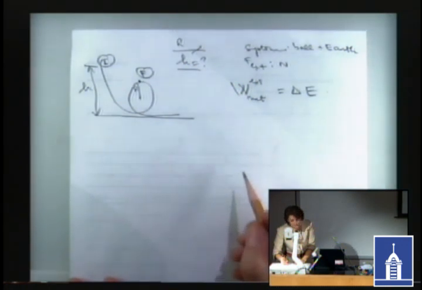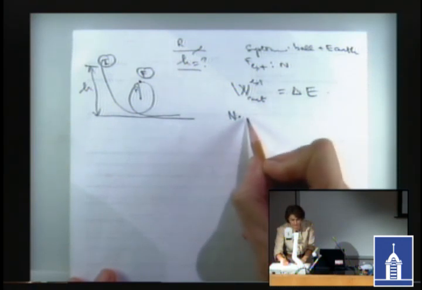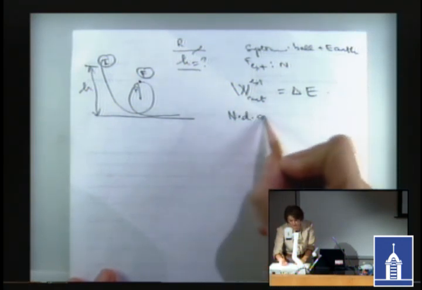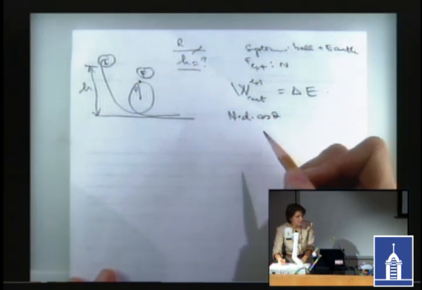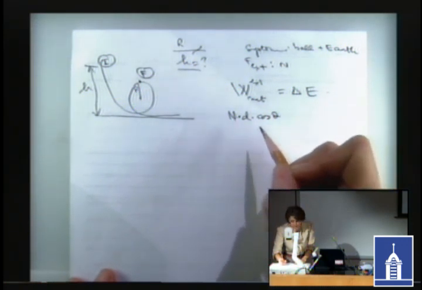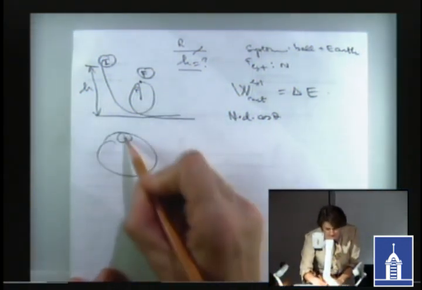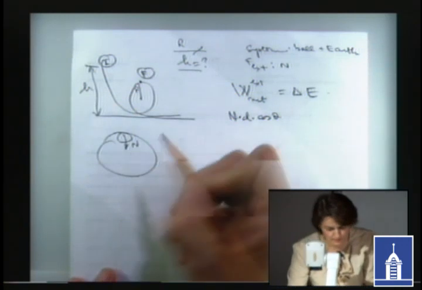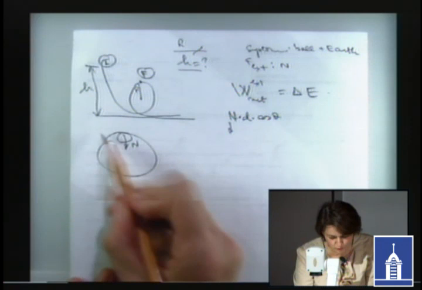Okay, so let's see, work done by normal is the normal times the displacement times the cosine between the two of them, right? How is normal? Like for instance here, you told me that it's like this, right? This is normal, so normal is like this. How is displacement? How is the ball moving?